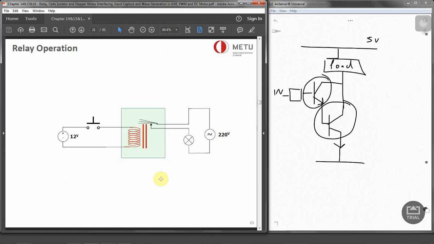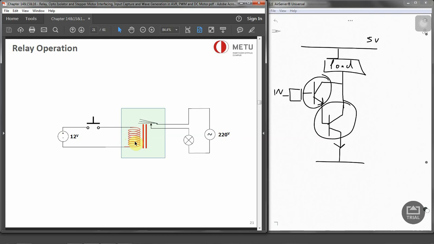Relay operation is shown in the figure. For example, we have 12 volts on one side and 220 volts on the other side. Now, when we press the button, current flows through the coil. A magnetic field is created around this coil. So the coil is energized, which causes the armature to be attracted to the coil.